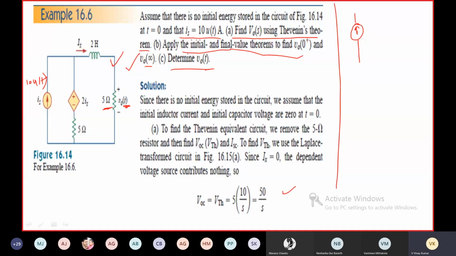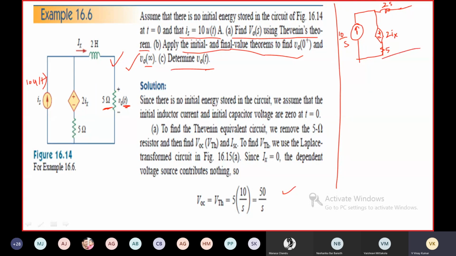After removing the load resistance, we have the dependent source 2Ix, the current source 10 by s in the S domain, the 5 ohm resistor, and the inductor with impedance sL, which is 2s.